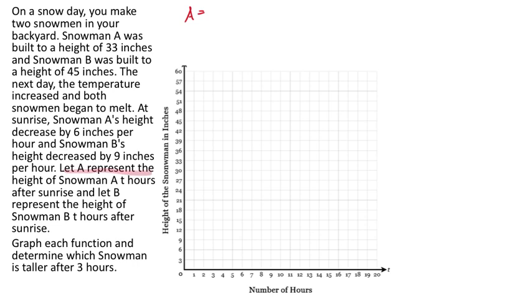Let A represent the height of snowman A. So that's my A that I have there at the top. A is the height of snowman A. Well, how tall is snowman A? I'm going to say this is my starting value. So it starts at some height.